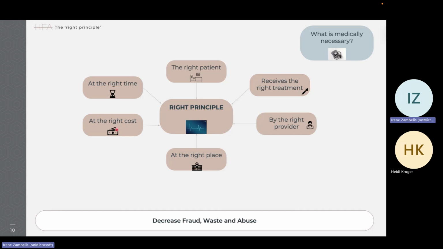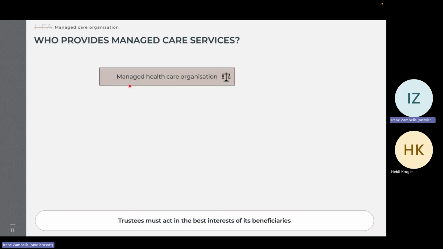At the right cost. The scheme can negotiate a preferential tariff with a group of providers, and that things happen at the right time. So never at the cost of compromising quality of care.